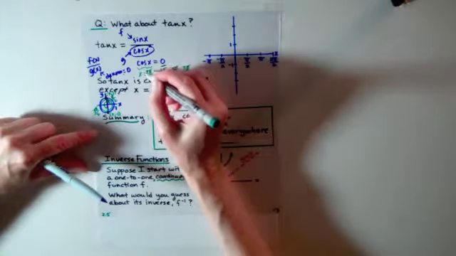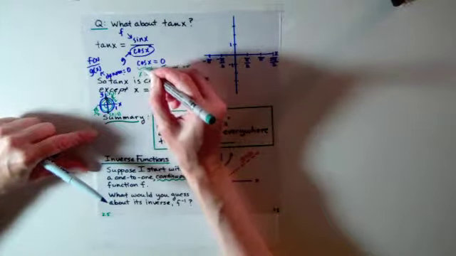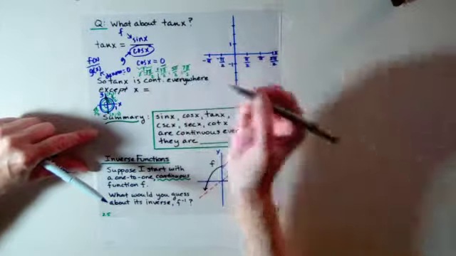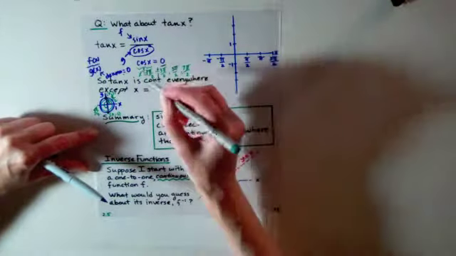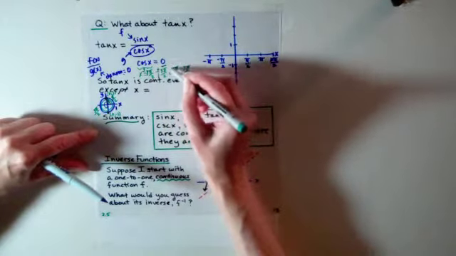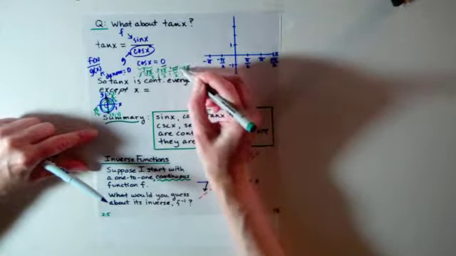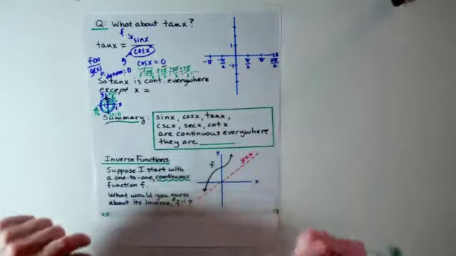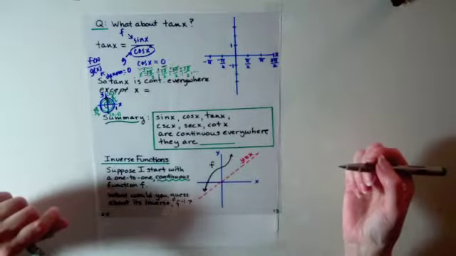So really x could be pi over 2 or negative pi over 2, 3 pi over 2 or negative 3 pi over 2. So when x is plus or minus pi over 2, plus or minus 3 pi over 2, plus or minus 5 pi over 2, plus or minus 7 pi over 2, and so on, our function will be discontinuous.